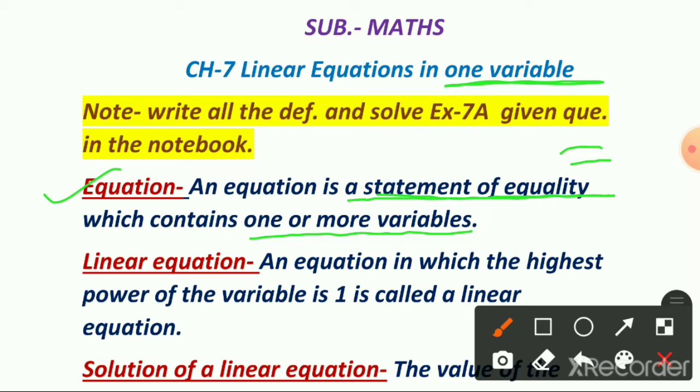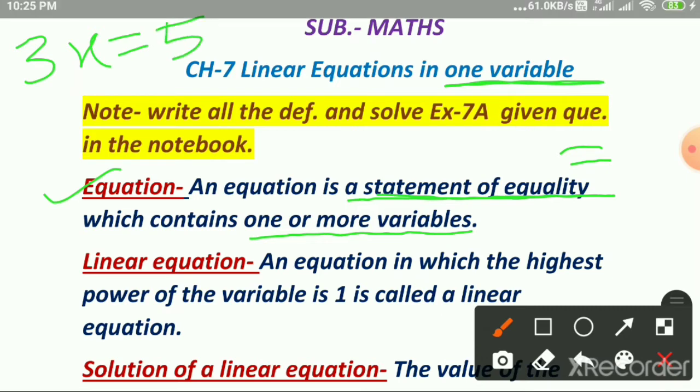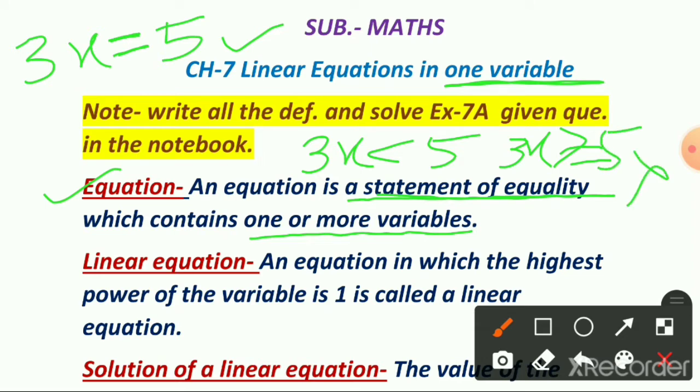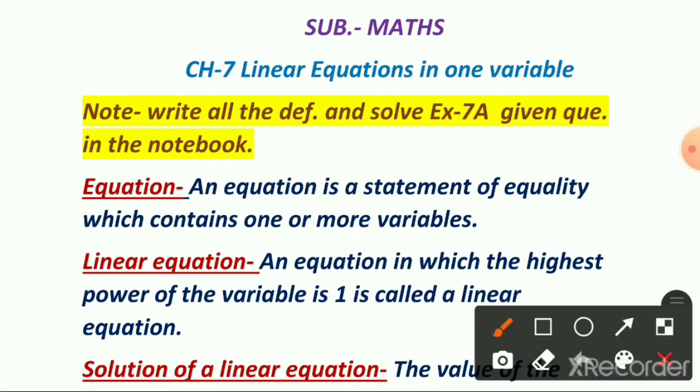Like I am writing the statement 3x equals 5. This is an equation because there is the equality sign. But if I write 3x less than 5 or 3x greater than 5, then these are not equations because the equality sign is not there. So an equation is a statement in which we use the equality sign and there can be one or more variables.